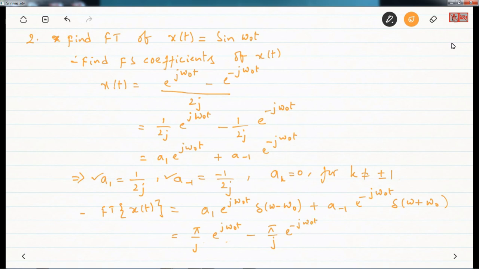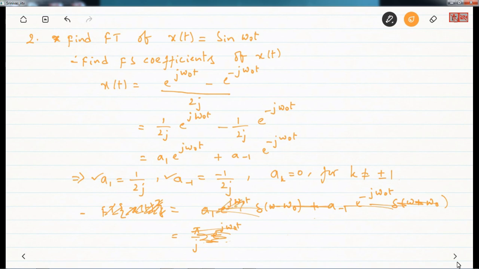Oh, sorry, there should be an impulse function here. Sorry. So let's compute this on the next page.